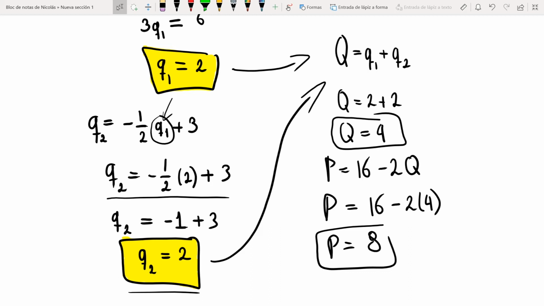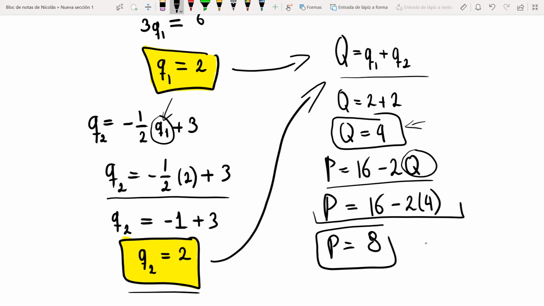So we'll have that total quantity is equal to quantity 1 plus quantity 2. And we know that quantity 1 and 2 are both 2. So we add 2 plus 2, which is equal to 4 right here. And we have the inverse demand function where we just have to replace the total quantity. And we'll end up having this equation, 16 minus 2 times 4, which is 8.